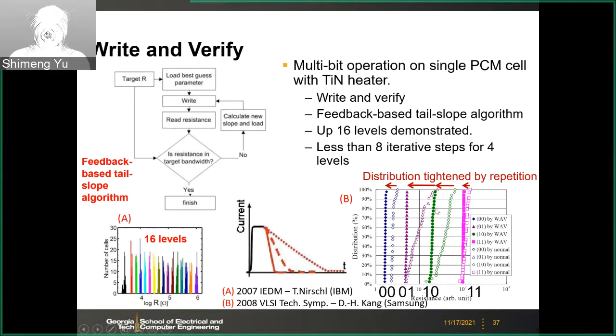And you want this to be very tight, very vertical. But initially you do have some distribution. But with verify, you try to tighten that to make it very distinct, like 4 vertical lines in the CDF plot. So basically, the phase-change memory is capable of this multi-level states, but you have to play with the pulse shape, and also you may have to use write and verify to tighten the distribution of the resistance.